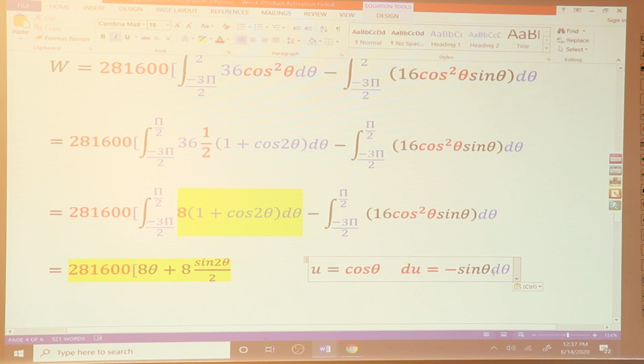Solve for d theta. d theta equals du over negative sine theta, right?